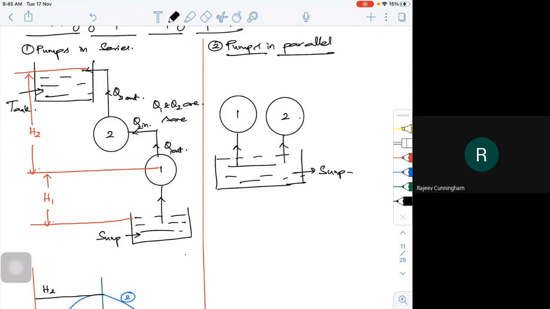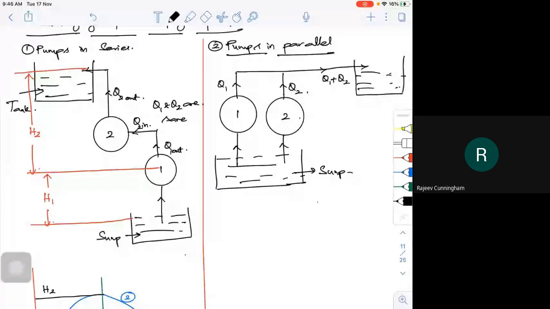This is the outlet from pump 1, let me call it Q1. The outlet from pump 2 is Q2. If I connect the pumps' discharge together like this, this will be Q1 plus Q2, and it is taken to a tank like this.